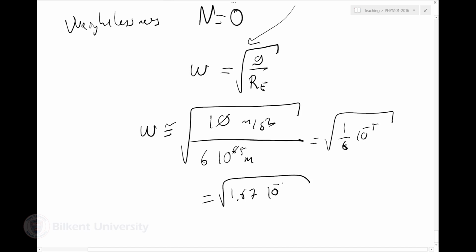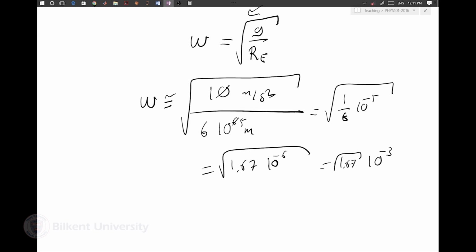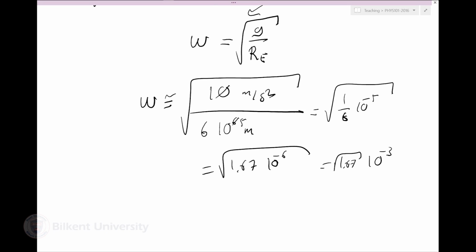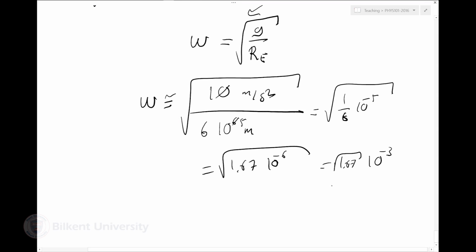So it's going to be 10 to the minus 3 times the square root of 1.67. So let's find the square root of that. The square root of that is 1.3 times 10 to the minus 3, in 1 over seconds.